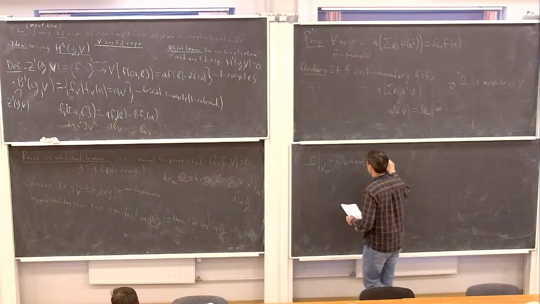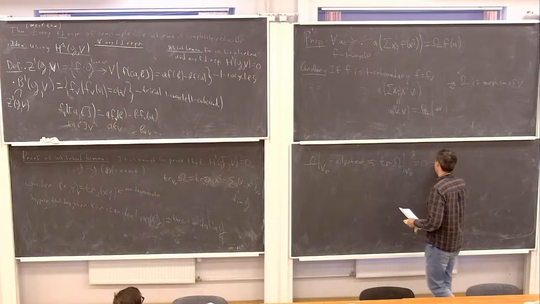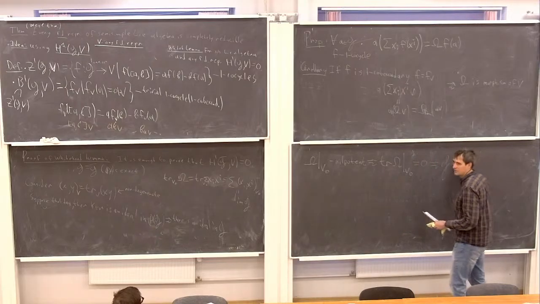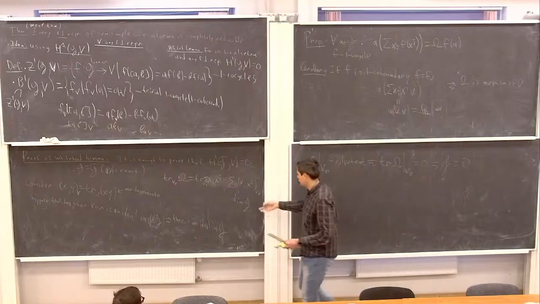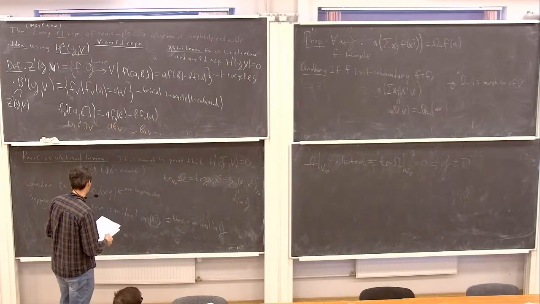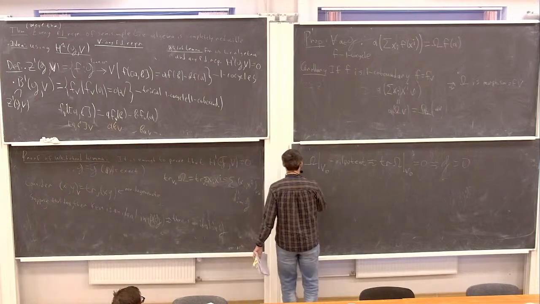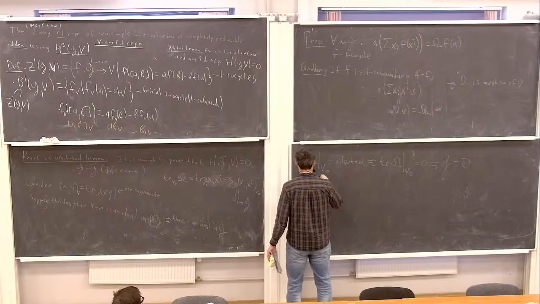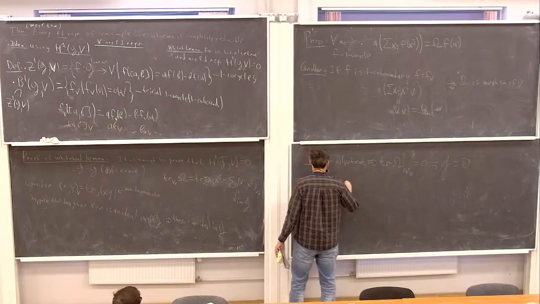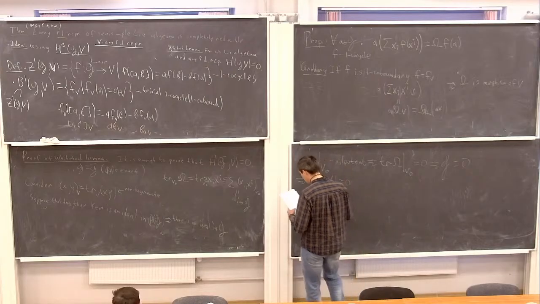Therefore, the trace of omega on V0 is 0. Therefore, the dimension of G is 0. That's bad. So we have proved that H1 of G with coefficients in V0 is 0.